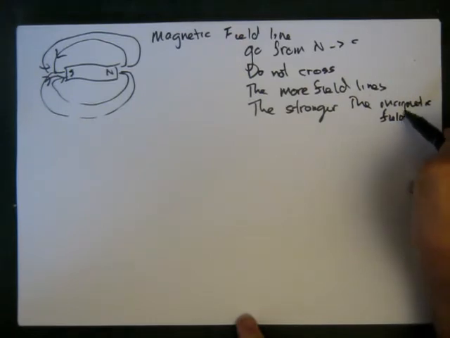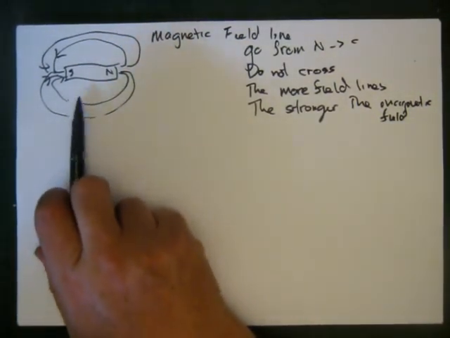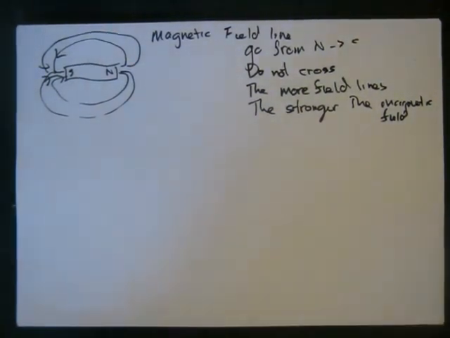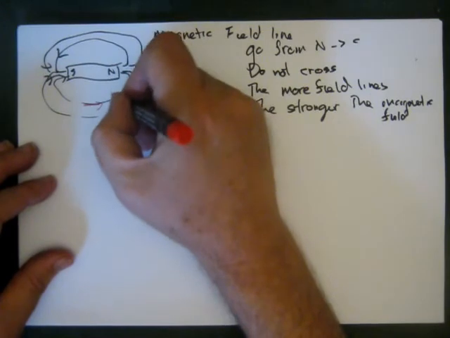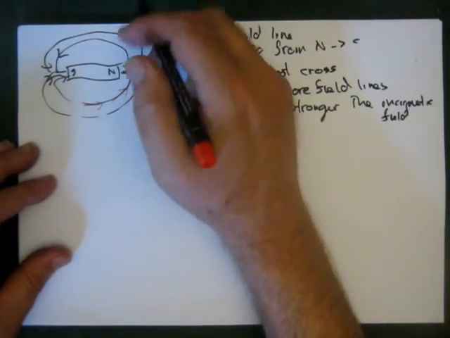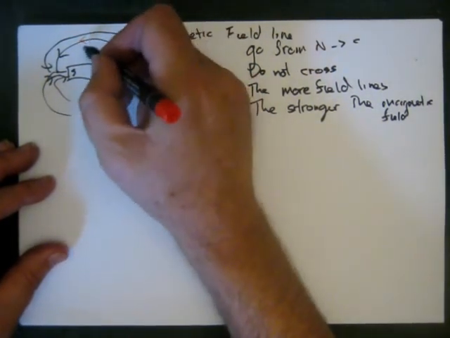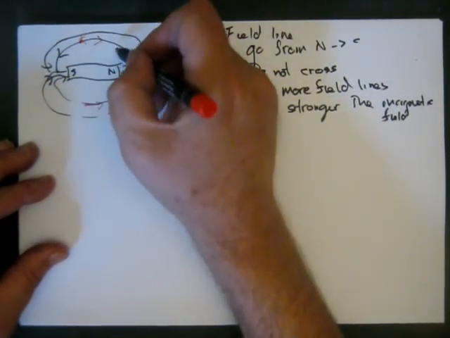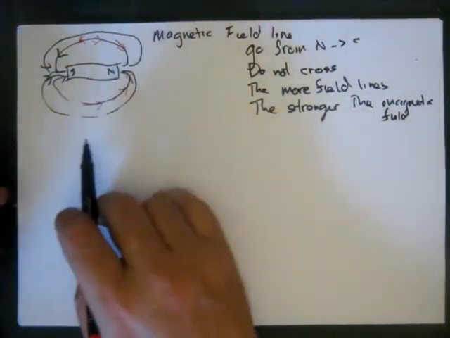What these actually represent is this: if you were to stick a compass on one of these lines, the compass would point along that line. If I put a compass there, it points there. If I put the compass there, it'd point there. So the compasses will point along these field lines.